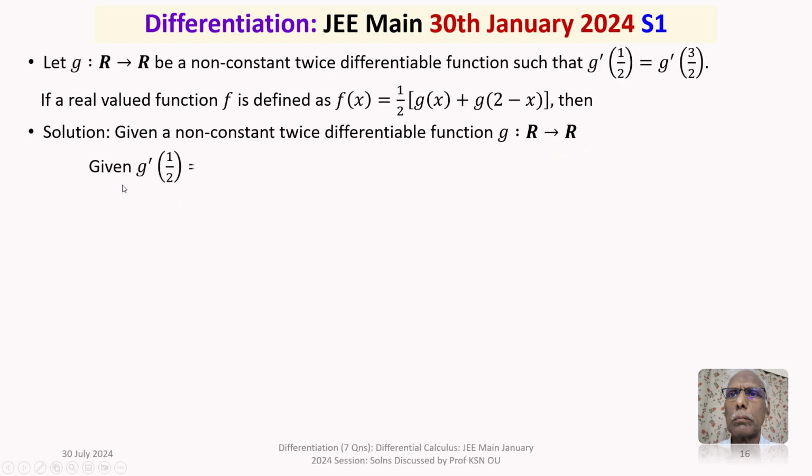Given g prime at 1/2 is equal to the value of g prime at 3/2. We are also given f of x is defined in terms of g of x. That is 1/2 in brackets g of x plus g of 2 minus x.